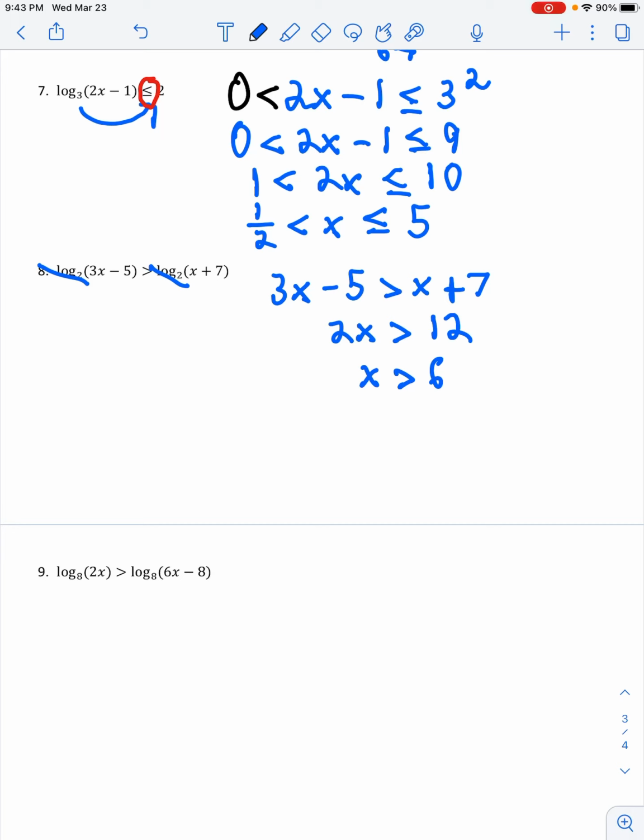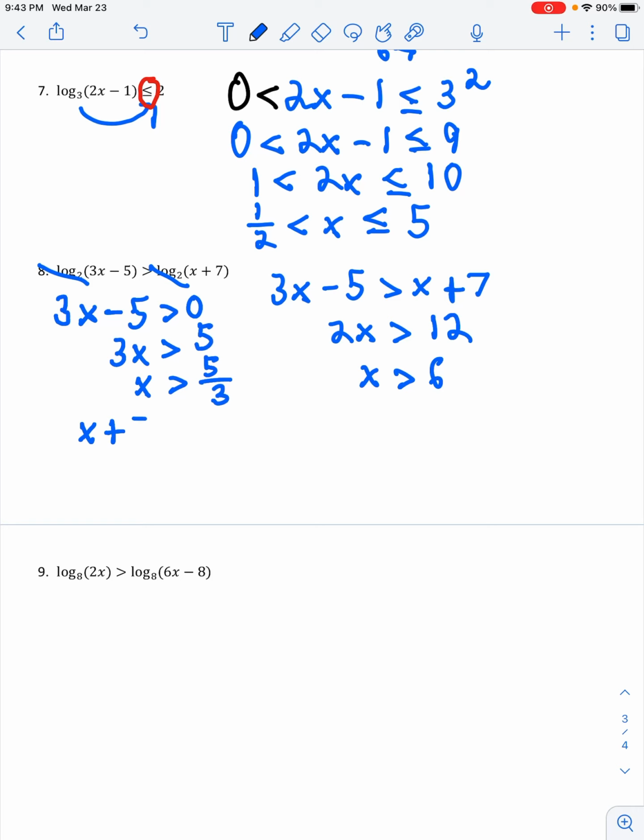But to be certain that we have no problem, we can take each argument and set it greater than 0. And if I solve, that means 3x would be greater than 5, and x would be greater than 5/3. Certainly 6 meets that condition.